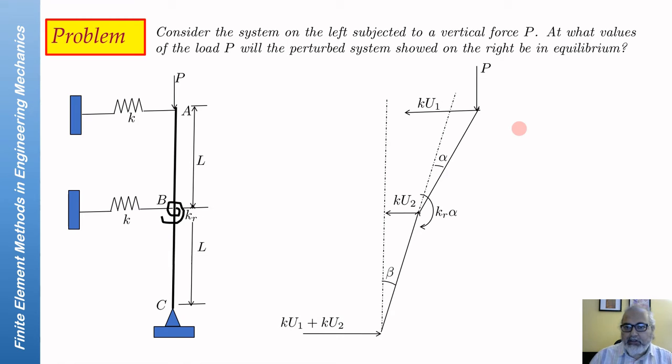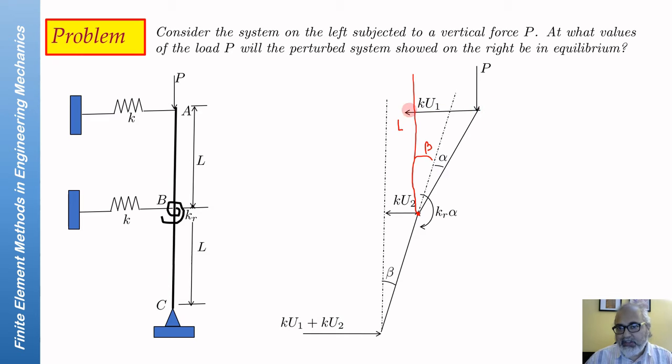To calculate the vertical displacement of this point with respect to this, we consider the fact that the angle is beta, and it was of length L.